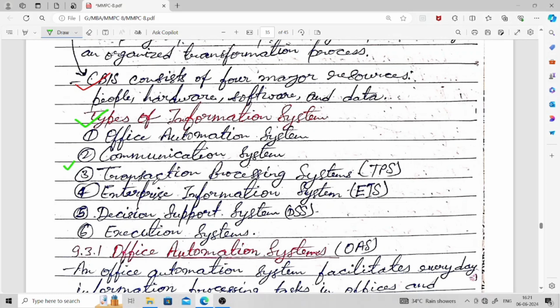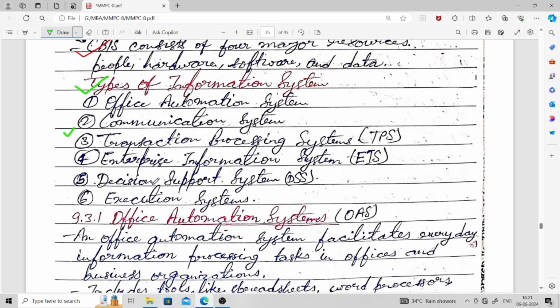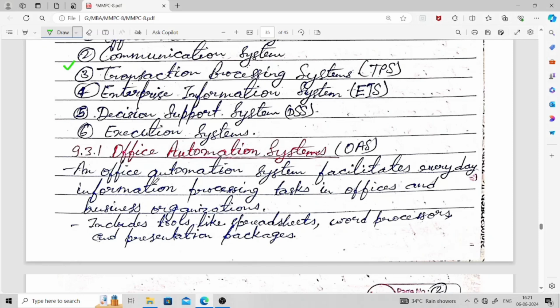Okay, so now moving on to the first kind, that is office automation system. Office automation system facilitates everyday information processing tasks in an office and business organizations. It includes tools like spreadsheets, word processors, and presentation packages.